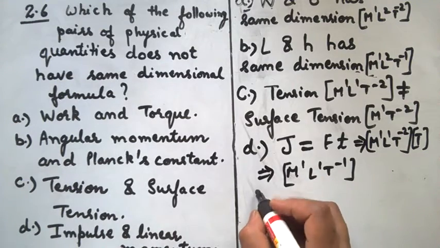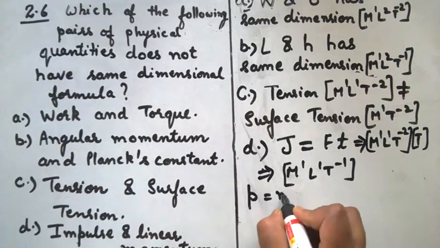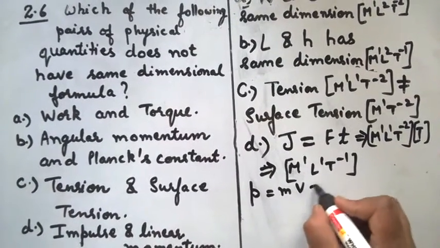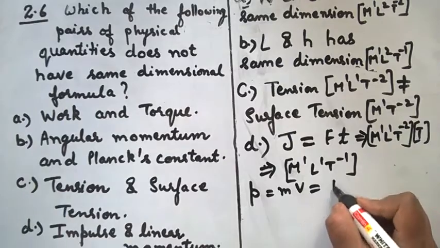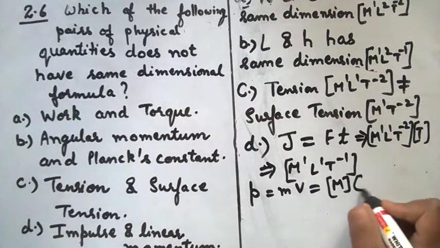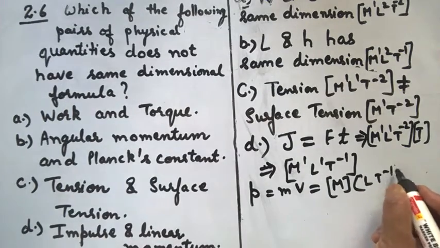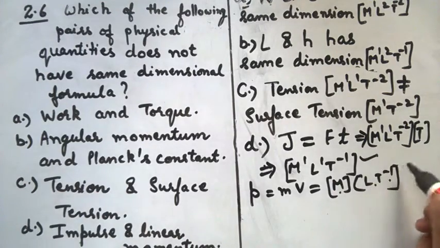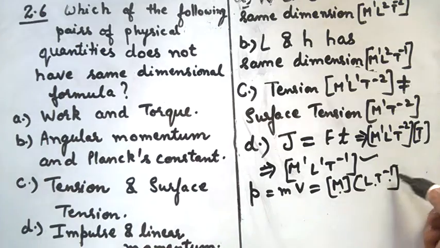Linear momentum is denoted by small p, equal to the product of mass and velocity, that is mass into LT minus 1. So we can see that impulse and linear momentum have the same dimension.